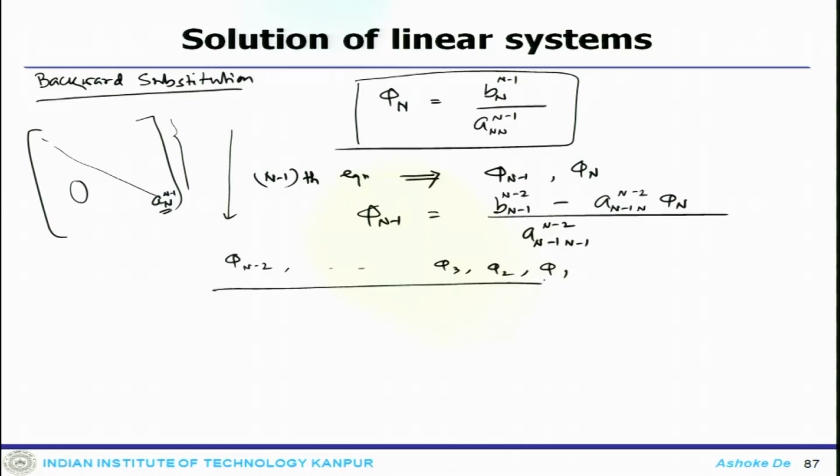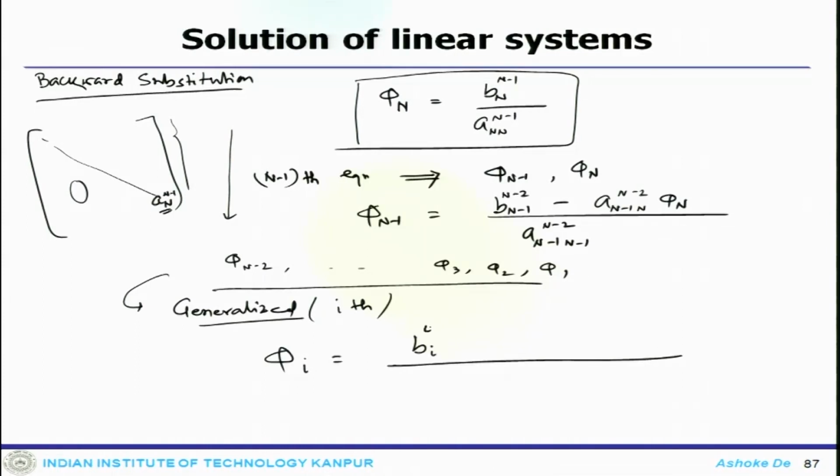So, all the variables can be computed by doing this kind of back substitution. If you generalize this system and write down for one particular i, then one can write that phi i equals b i (i minus 1) minus the summation over j equals i plus 1 to n of a i j (i minus 1) phi j, divided by a i i (i minus 1).